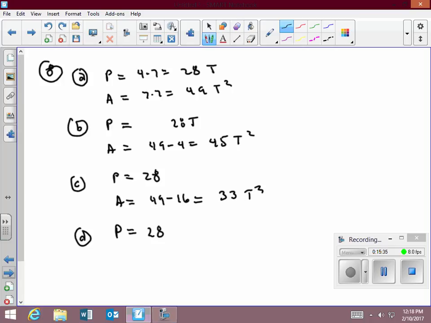Each corner has an area of 9. 4 times 9 if you want. So the area will be 13.